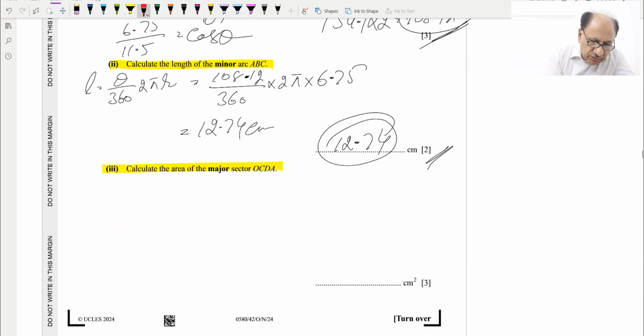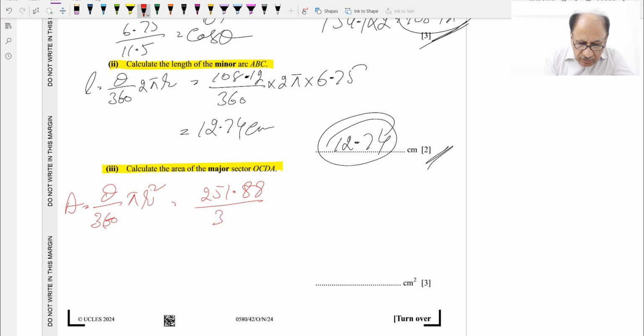So theta over 360, again the same formula. That was for length, this is pi r square for area. So for area, this angle we have taken as 251.88 divided by 360 into pi r square, where r square will be 6.75 square.